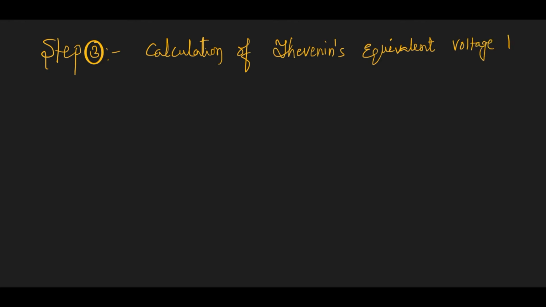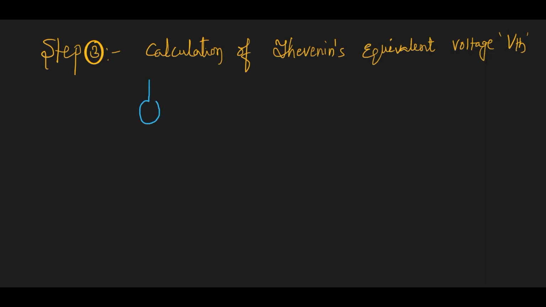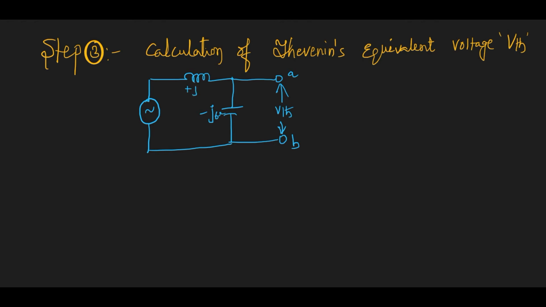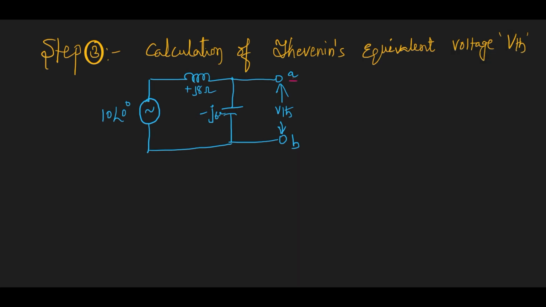For that, we must consider the network without the load resistance, that is the 2 ohm resistor. So now this will be the redrawn circuit. Across the AB terminal we must find the VTH, with minus j6 and j8 ohm and then 10 at an angle 0, that is the source voltage. For this network we must apply KVL to find the VTH.